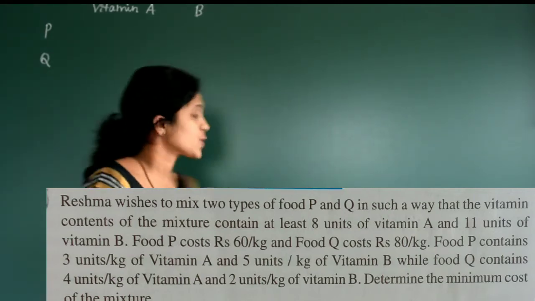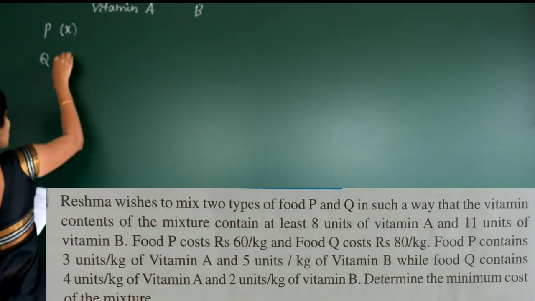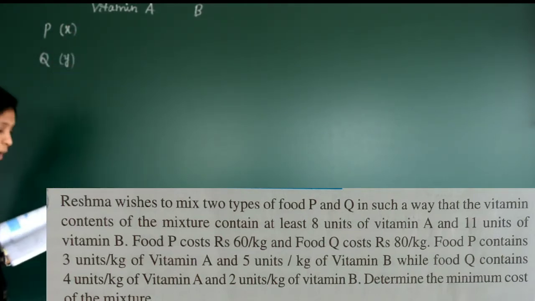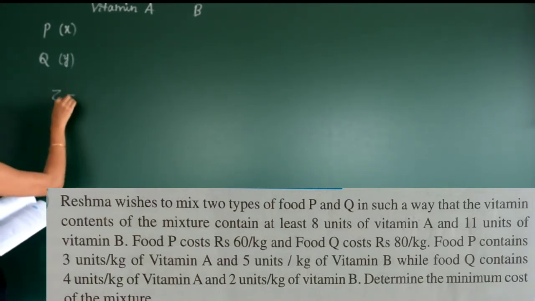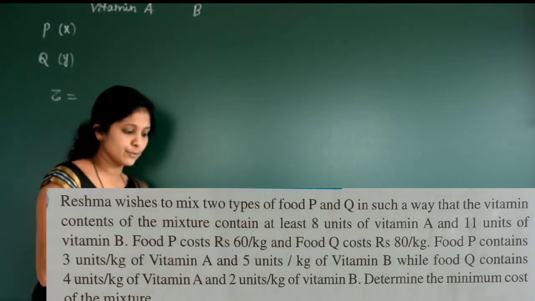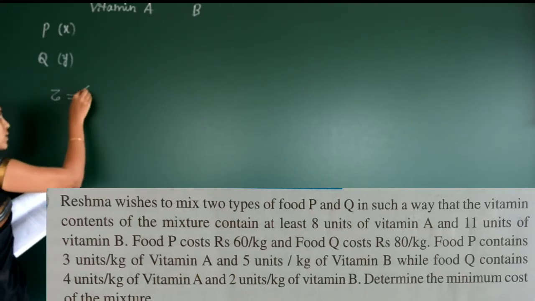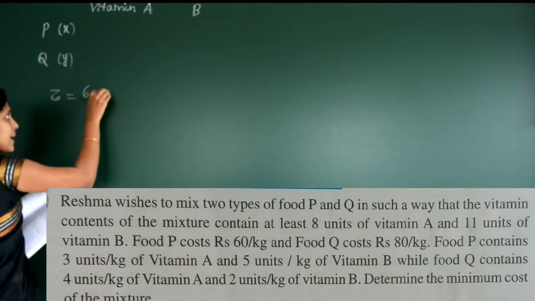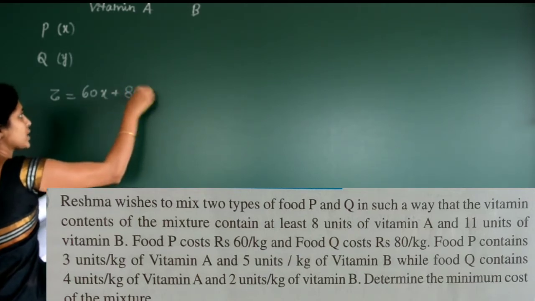We'll consider food P as x and food Q as y. Now the cost of food gives you the objective function: Z is equal to food P cost 60 per kg and food Q cost rupees 80 per kg. So this will be 60x plus 80y. Is it clear?